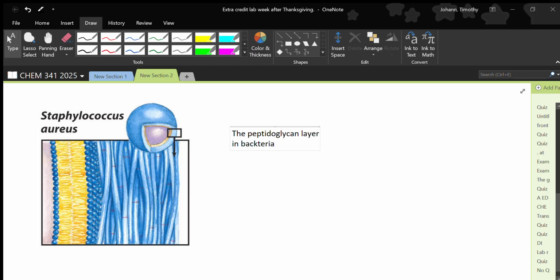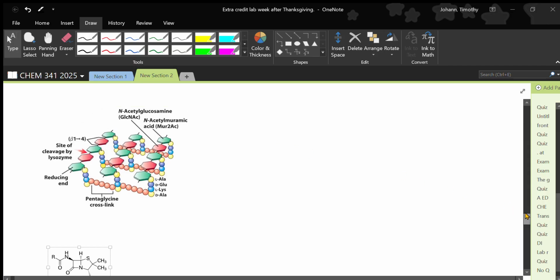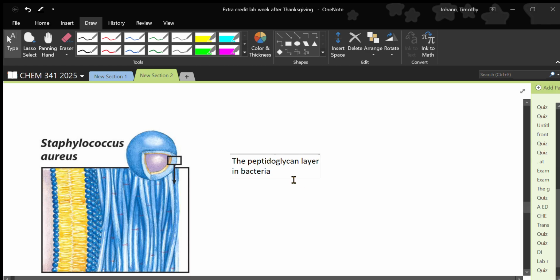They're cartooning it with this. Okay, so you've got your bacteria here, and then in the layer outside our membrane, we've got a bunch of polymer chains, and they're cross-linked. Okay, we'll look at the actual structure in a second here, but not quite yet. So the peptidoglycan layer in bacteria is made up of polysaccharide chains cross-linked by peptides.